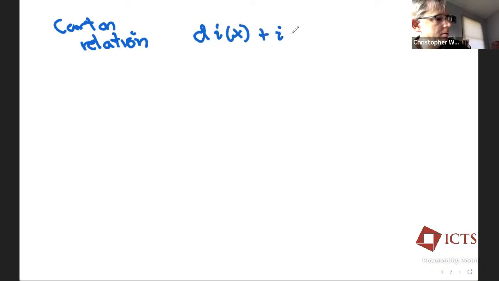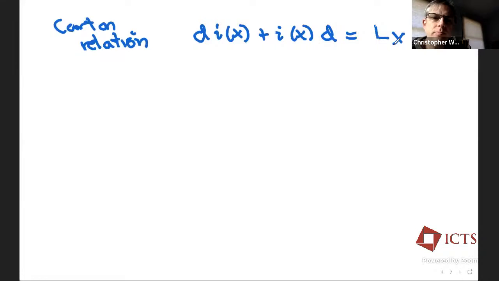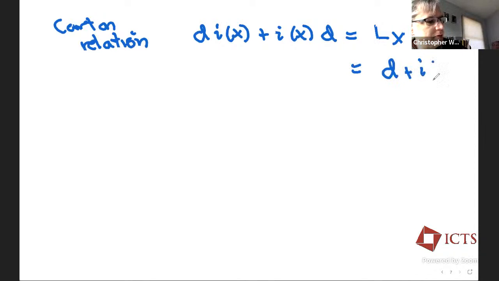And so the Cartan relation for this vector field says that if I take d i_X plus i_X d, this is the Lie derivative with respect to X. But one thing that immediately strikes you when you look at this formula is that it looks like the cross terms in the expansion of (d plus i_X) squared.